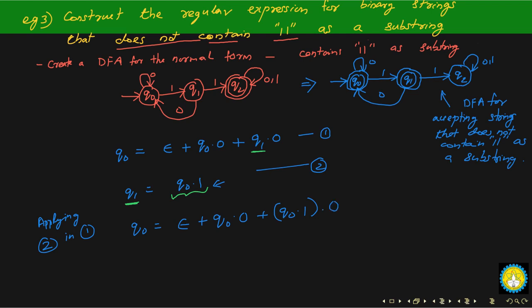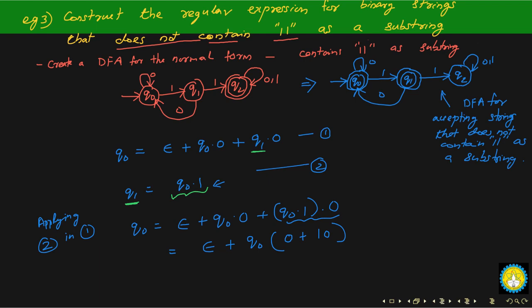Now it's very clear that you can take Q0 outside, so it becomes epsilon plus Q0 times, inside the bracket, 0 plus 1 0. Combining this gives Q0 dot 1 dot 0, which is why we can write it like this.